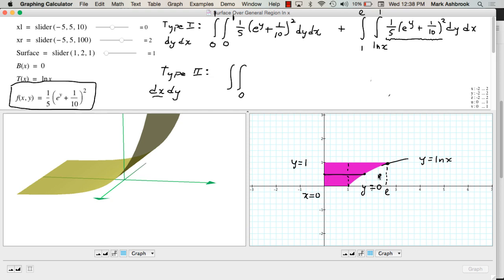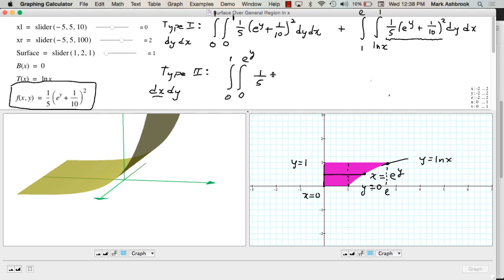So this is x equals what? The right side of this is x equals e to the y. So x goes from 0, this vertical here, 0 to e to the y, as y goes from 0 to 1, same function.